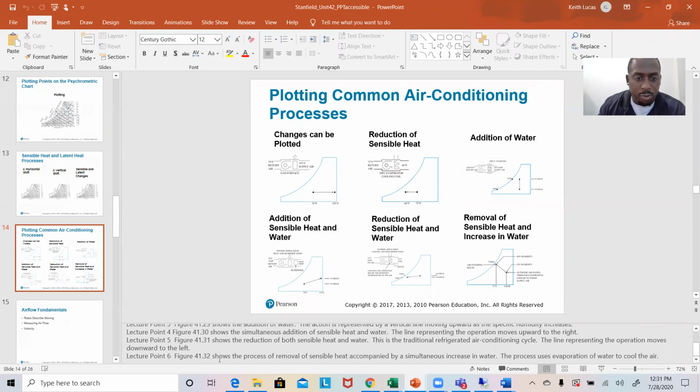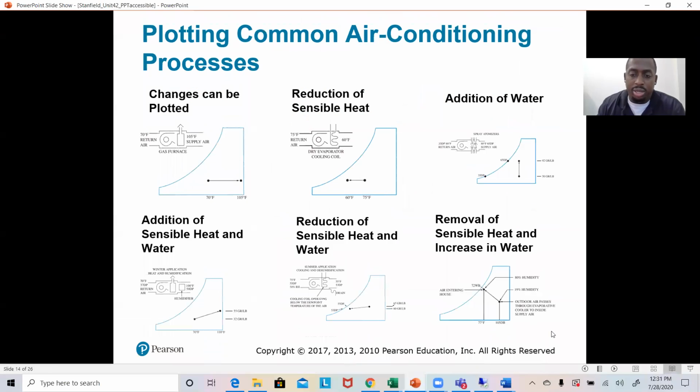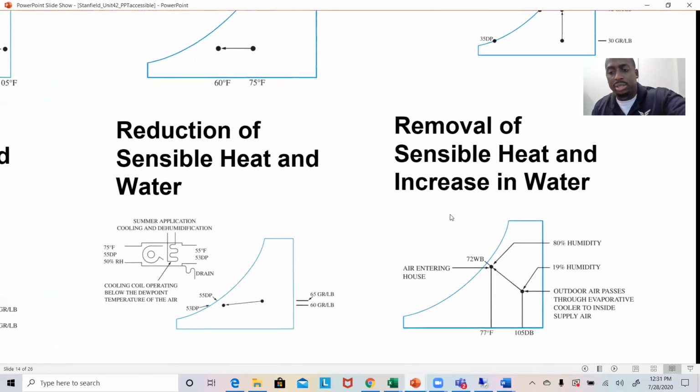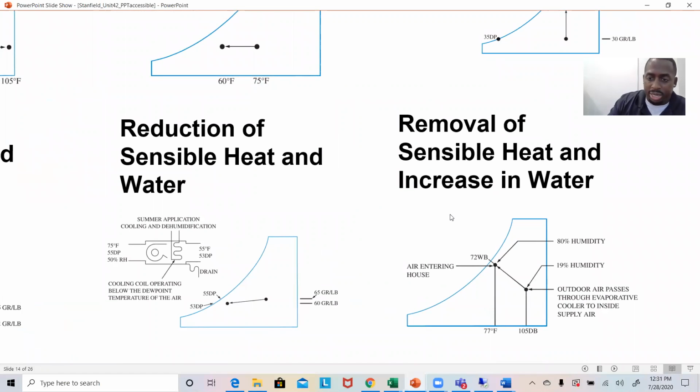The last one is 41.32, which shows the process of removal of sensible heat accompanied by a simultaneous increase in water. The process uses evaporation of water to cool the air. So this one is increasing the humidity and dropping the temperature.